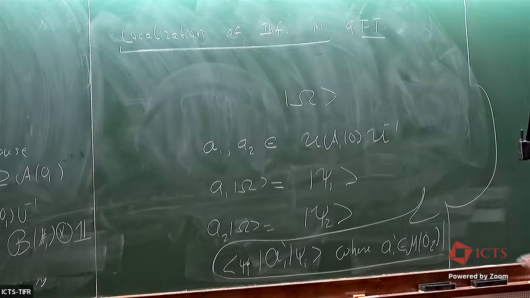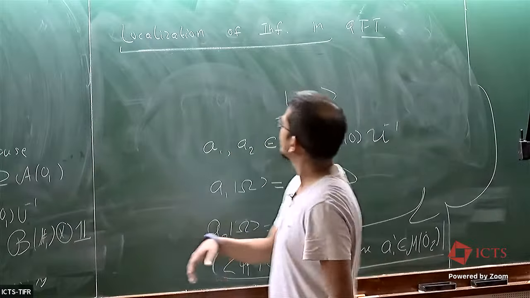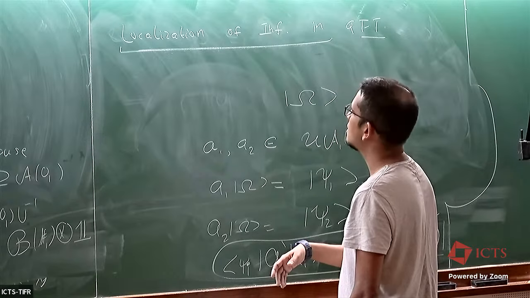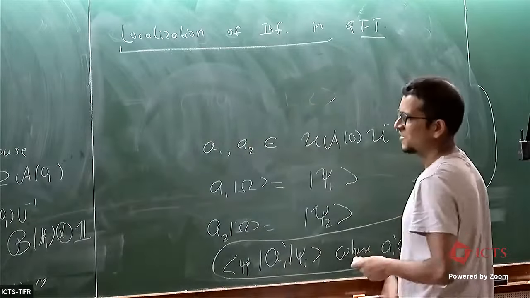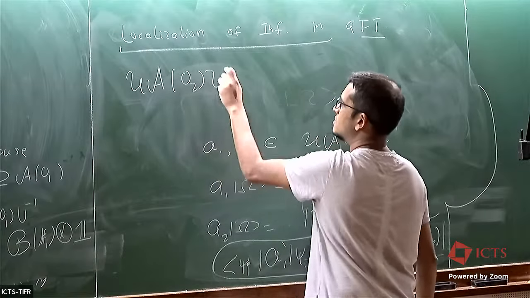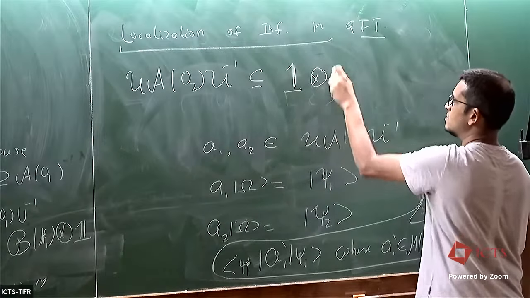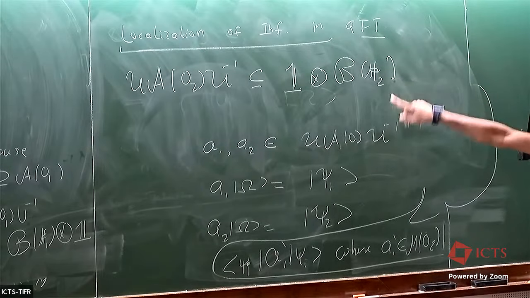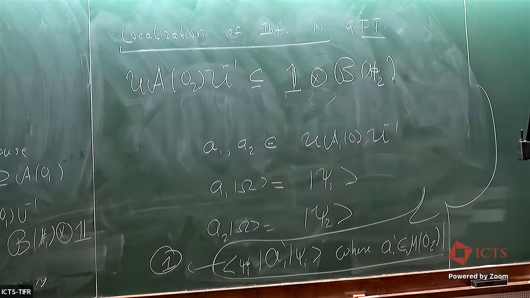But now you see that because A1 prime is unitarily related to an operator... Let me just rewrite that statement again. Because this is true, you can immediately deduce from here, let me call this equation 1.